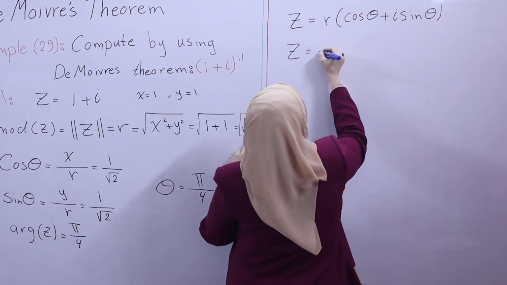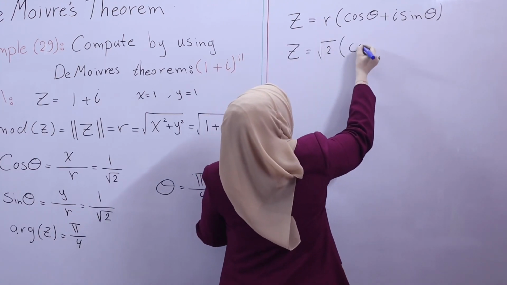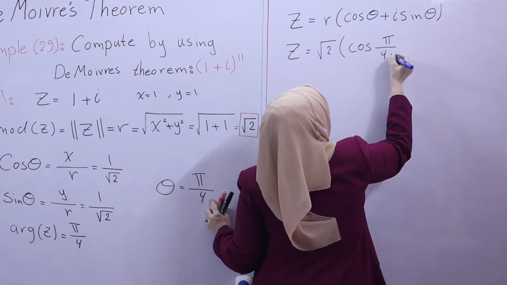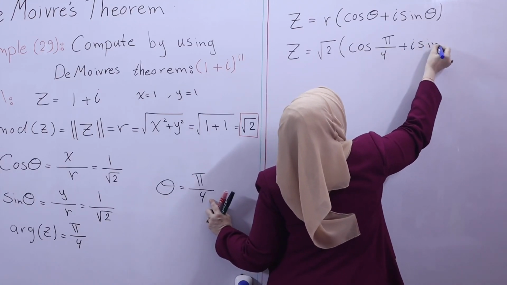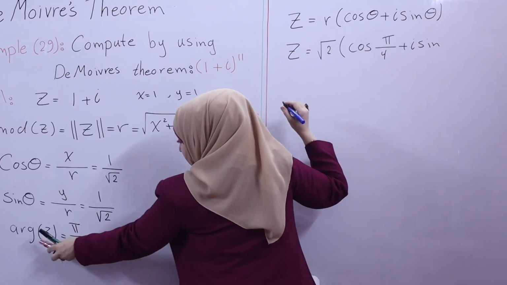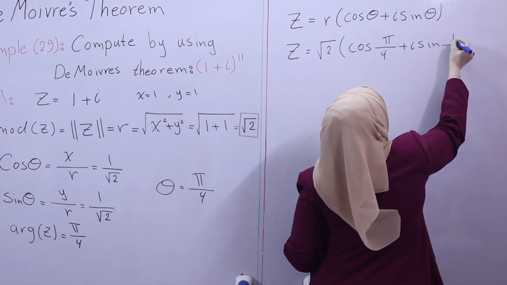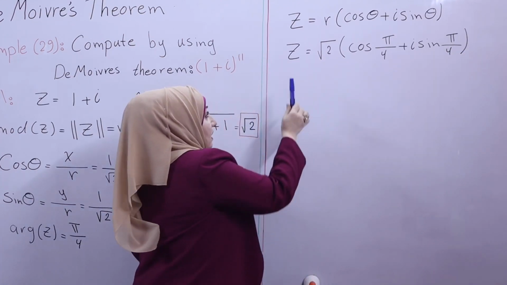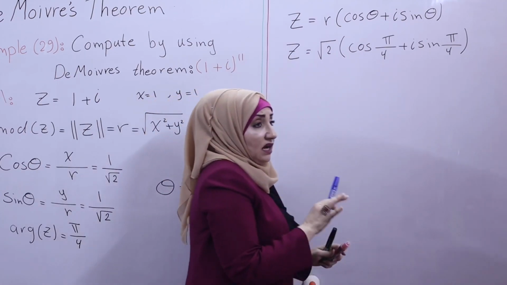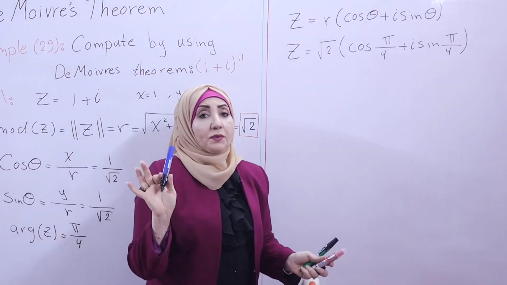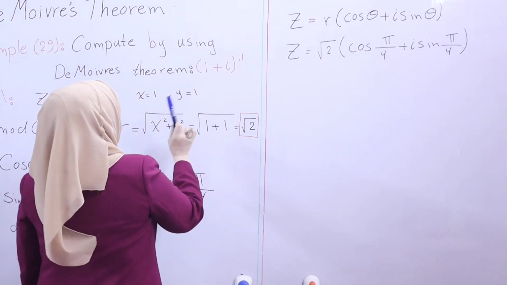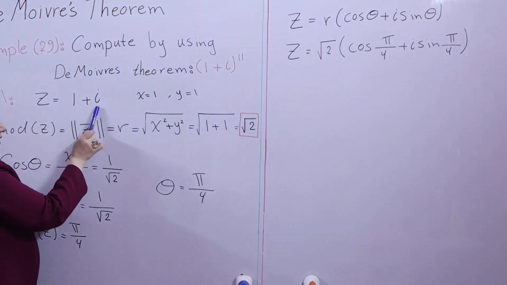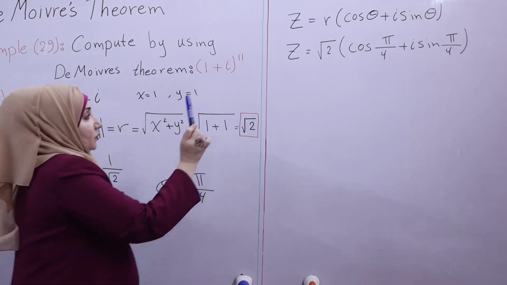R equal square root of 2, cosine our theta is pi on 4 plus I sine our theta, because it's the same arg, is pi on 4. Now here we only write the complex number in the polar form. لحد هنا فقط كتبنا العدد المركب بالصيغة القطبية، بعدني ما رفعته للقوة. We don't raise it to the power 11. بس الزد اللي هي قيمتها العدد المركب 1 plus I كتبناه بالصيغة القطبية.